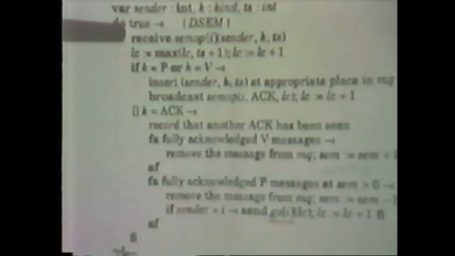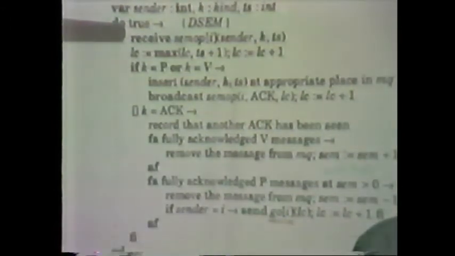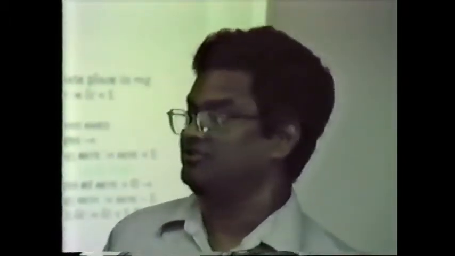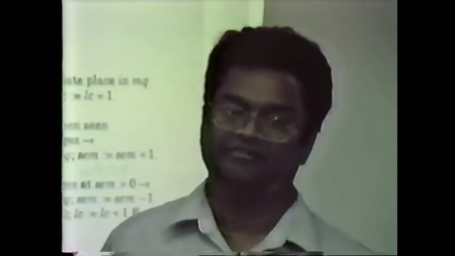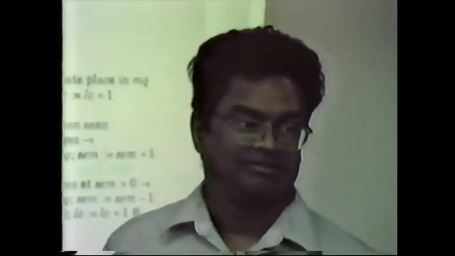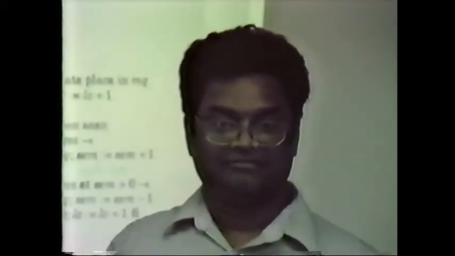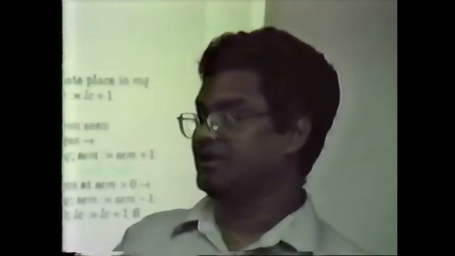So let's see what happens when a user process did a V operation. It broadcasts to all the SEMOP channels, right? And let's say the process that wants to do the V operation is number 5. So all the helper processes got this. All n of them got it.